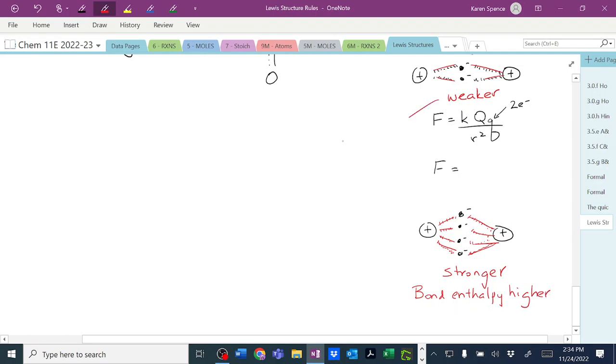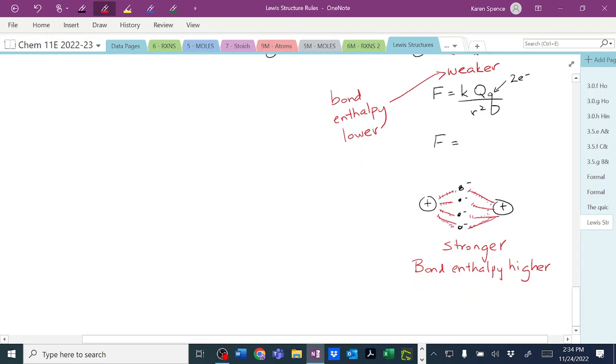And if these two at the bottom here are being pulled more strongly, what's going to happen to the distance between the two nuclei? Yeah, the distance between the nuclei is going to become smaller as well. So that bond is going to be shorter. Okay, so a double bond is shorter than a single bond.